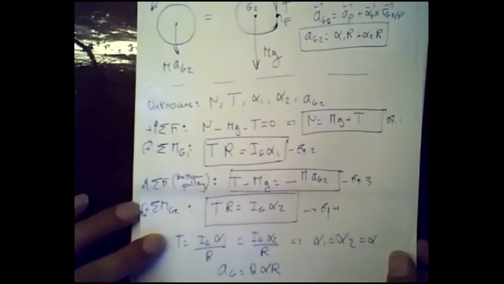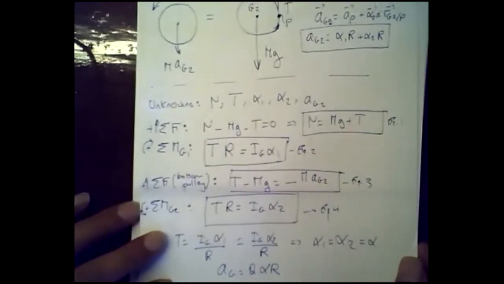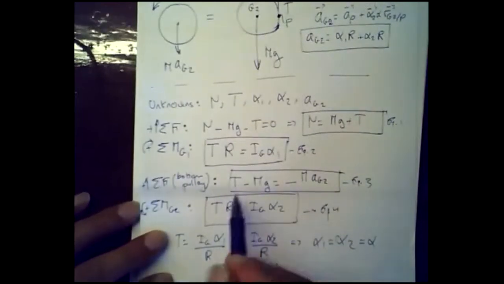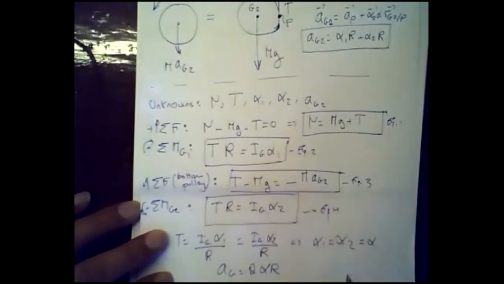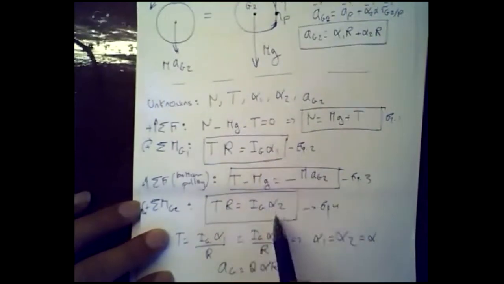We get the tension from the second equation, and then we get N. Exactly, right? Well, these 2 equations allowed me to relate alpha, so the alphas are equal.